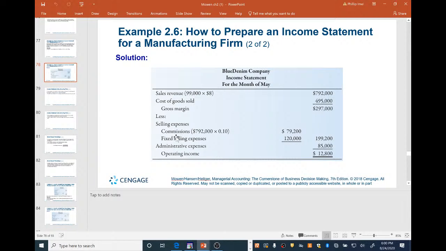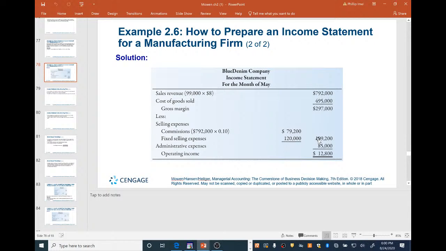So the two, commissions and fixed selling expenses, are grouped into selling expenses, remember, because we have three different types of costs for external reporting. Cost of goods sold, which is production cost. Selling expenses, in this case, fixed selling expenses and commissions. So we're adding these two together. That gives $199,200, and you see how it's indented here to show what the commissions and fixed expenses are.